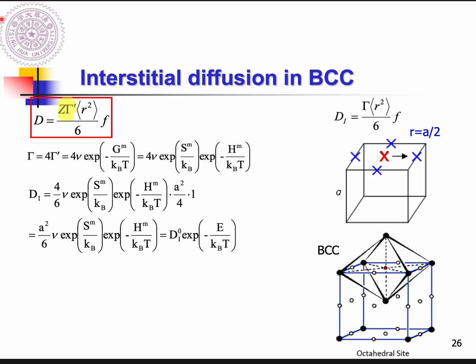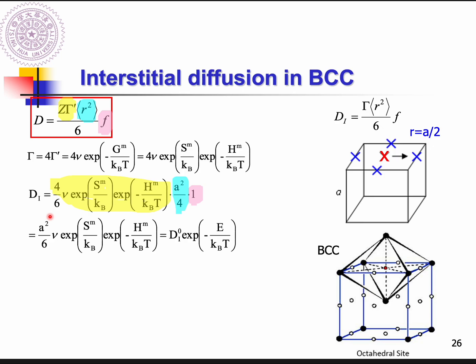And so when we formulate the diffusivity of these interstitials or solute atoms, we get 4 times gamma prime times small r squared, with f equal to 1, divided by 6.